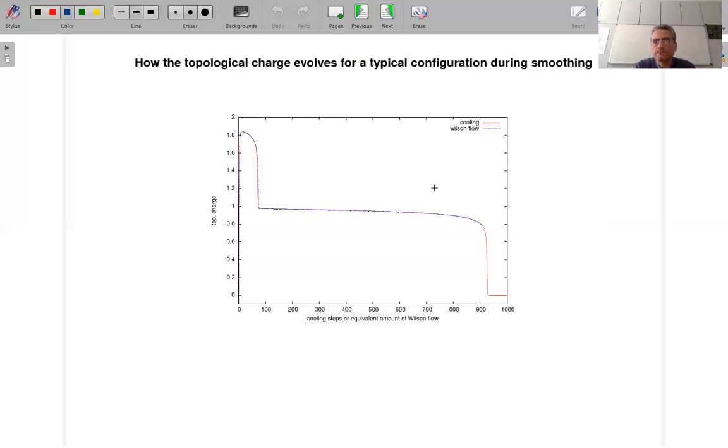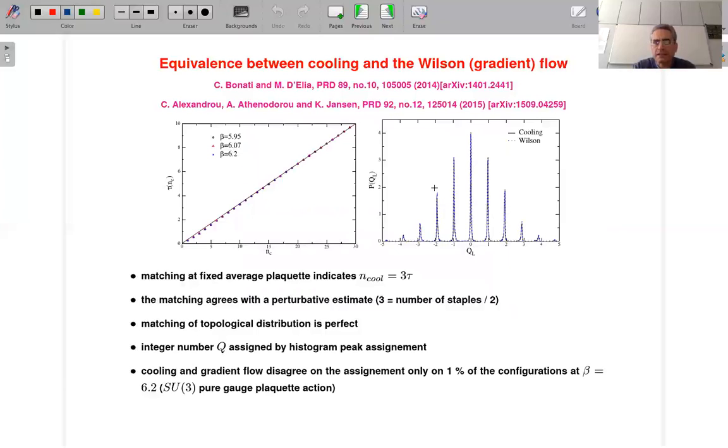And you may expect to have some systematics as you approach the continuum limit, which you will be able to eliminate if you perform a proper continuum extrapolation of your results. Okay, thanks.